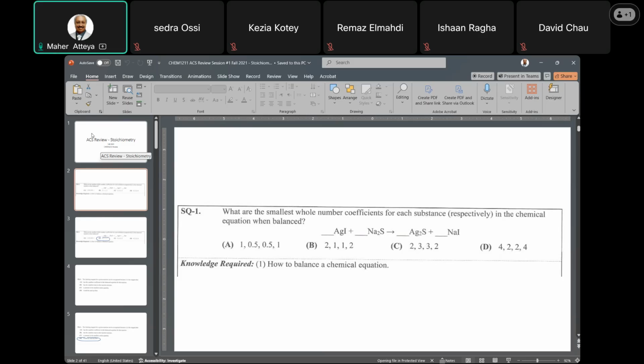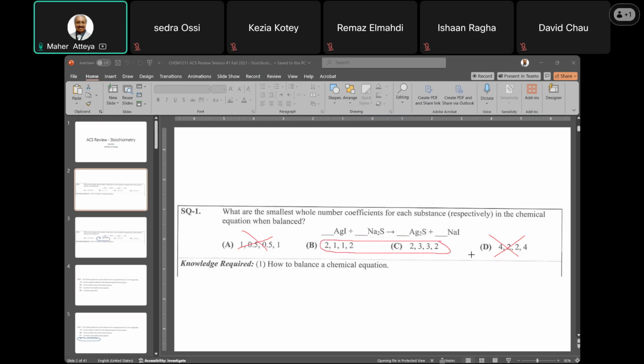Elimination. Remember what to eliminate. First, eliminate any choice with a fractional ratio. A is eliminated at once. The second one to be eliminated is the larger one, 4, 2, 2, 4. No. It has to always be a small mole ratio. That's what nature is telling us. In a chemical reaction, the mole ratio between reactants and products is always the smallest as much as you can. It cannot be large.